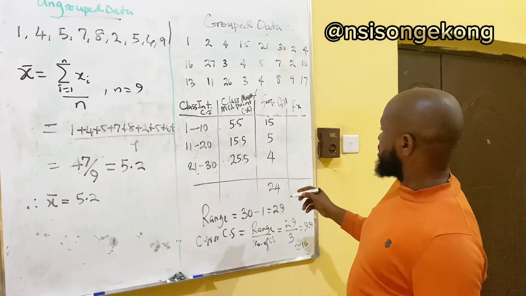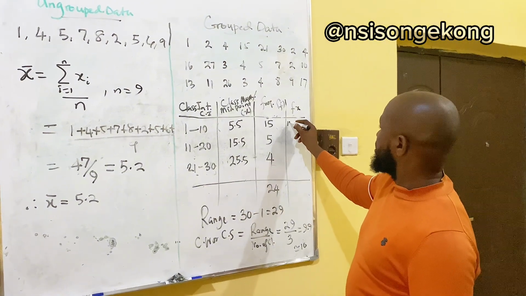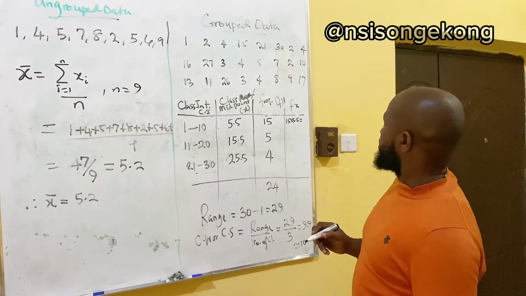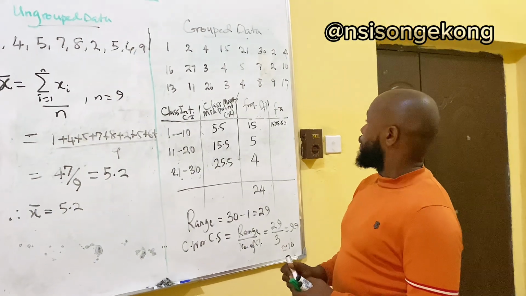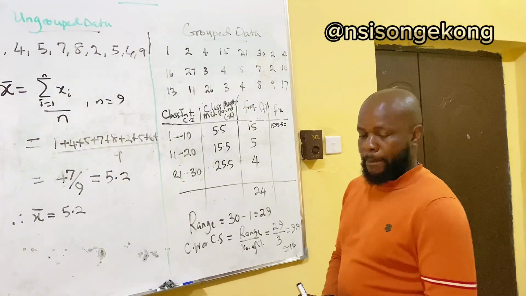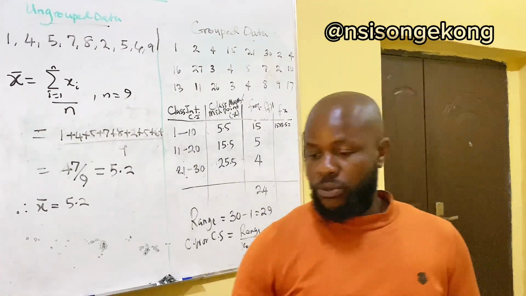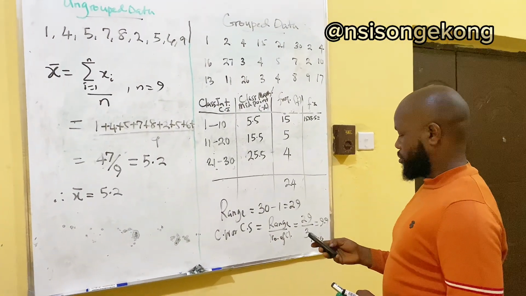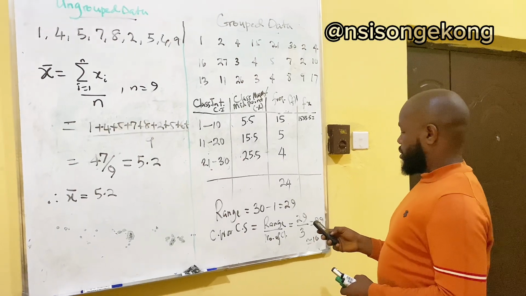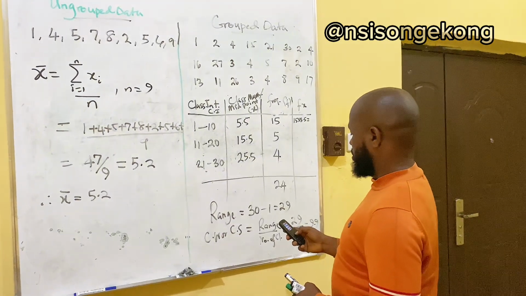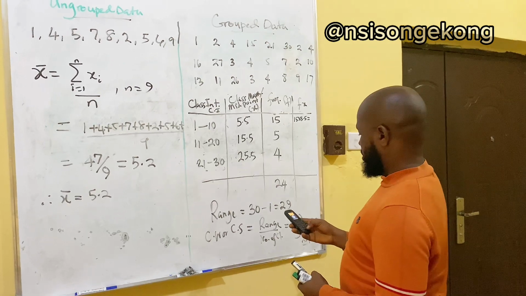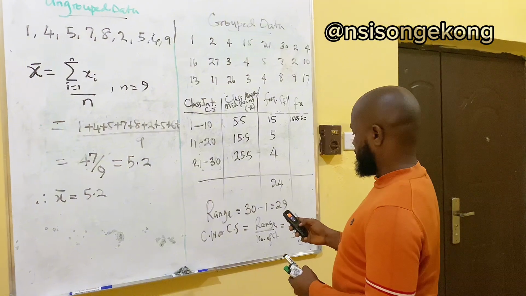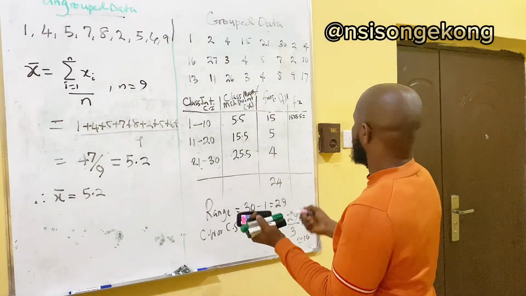So if we do that here, we have 15 times 5.5, which is about, I need to use my calculator to be able to achieve that. 15 times 5.5, that's 82.5.